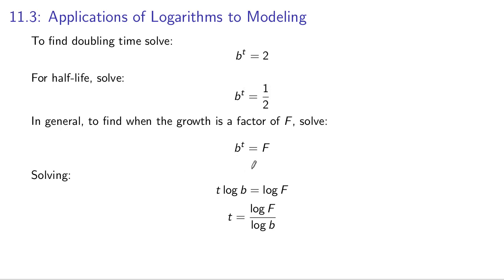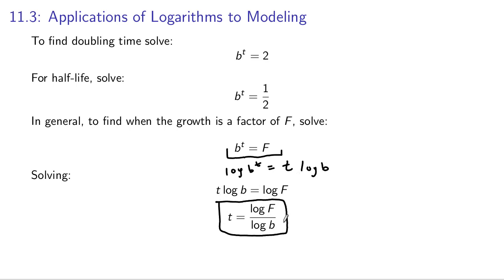So in general, to find when the growth is a factor of any sort of generic factor f, we just have to solve the exponential equation b to the t is f. Taking the log of both sides and taking t in front, because remember log of b to the t is equivalent to t log b. So t log b is log f, dividing by log b, we get t is log f over log b.